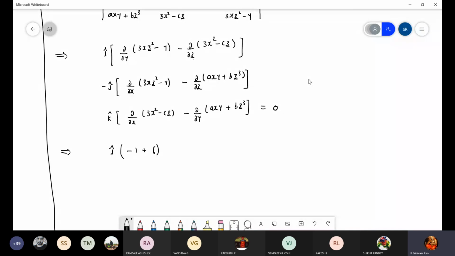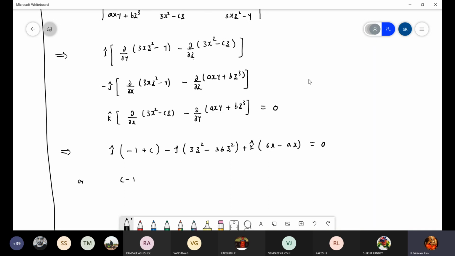Minus j cap into 3z square minus 3b z square. 3z square with respect to z, 3z square. 3bz square. Correct? Yes, sir. Next, plus k cap into 6x minus ax, with respect to x, 6x minus ax, equal to 0.